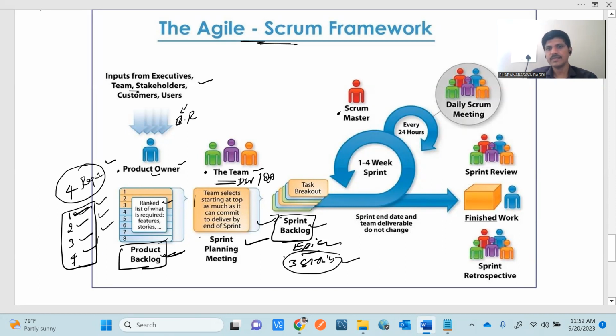Okay, then each and every sprint will be completed within 2 or 3 weeks. That is the standard. Each sprint should be completed within 2 to 3 weeks, 2 weeks minimum and 3 weeks maximum.